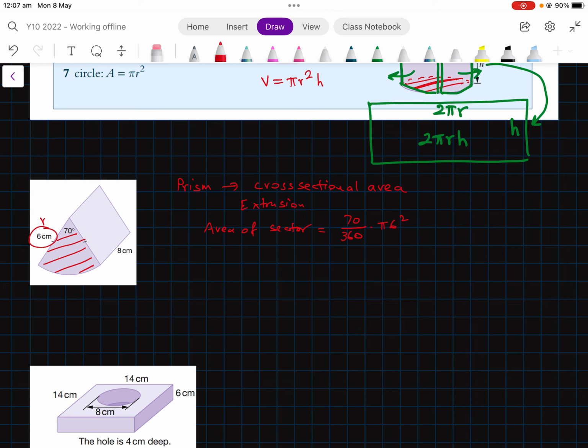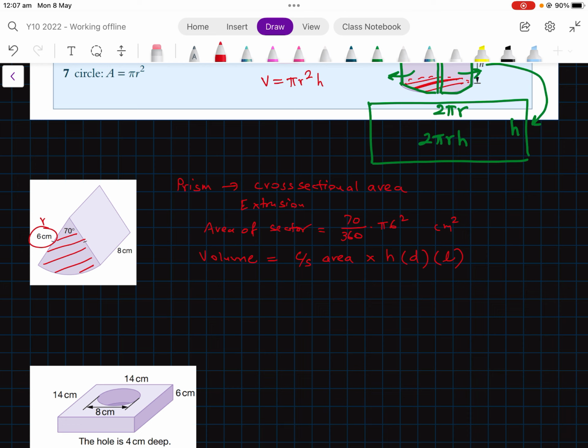Correct? Now this being an area, the units are centimeter square in this case. Now to find the volume of this solid, we will find the cross-sectional area multiplied by the height or the depth or the length, depending on the terminology that the question uses.